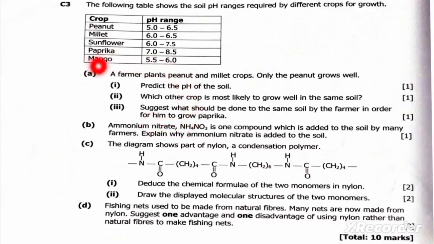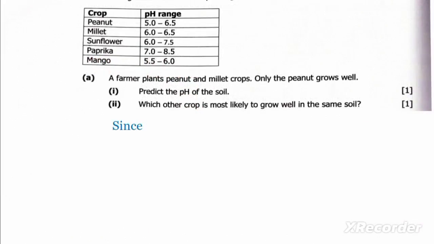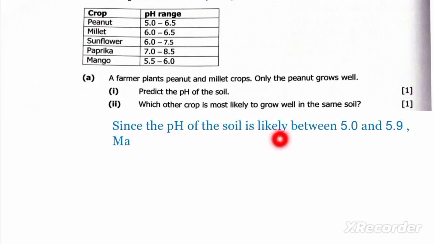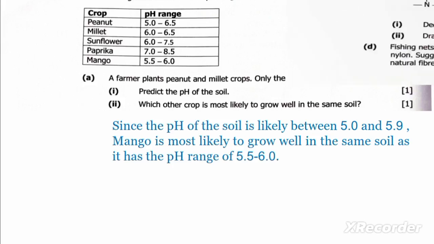We have seen that mango can grow well in this pH. So since the pH of the soil is likely between 5.0 and 5.9, mango is most likely to grow well in the same soil, as it has a pH range of 5.5 to 6, which is here.